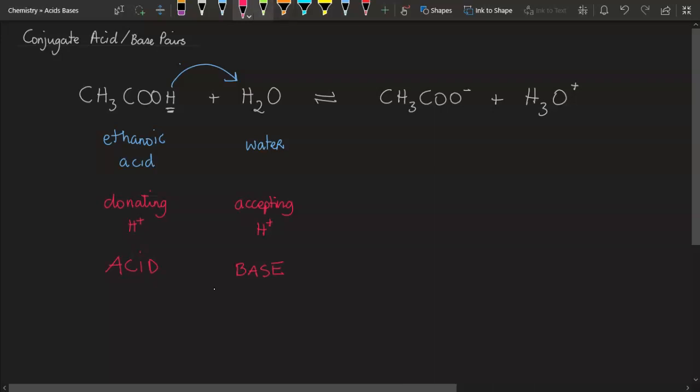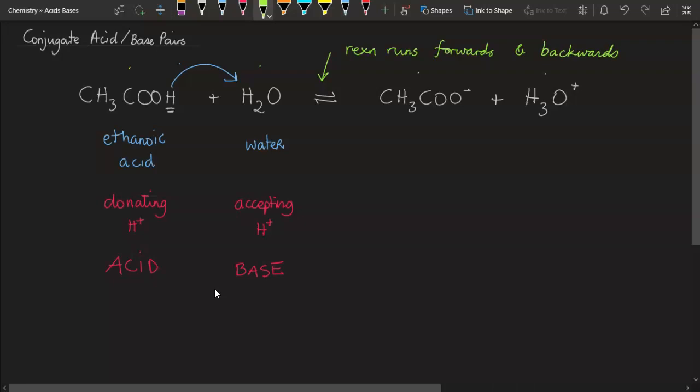The next thing that we've got to look at is this symbol here. This is a symbol to do with chemical equilibrium. And this basically means that the reaction runs forwards and backwards. What that means is your CH3COOH and your H2O form CH3COO and H3O.